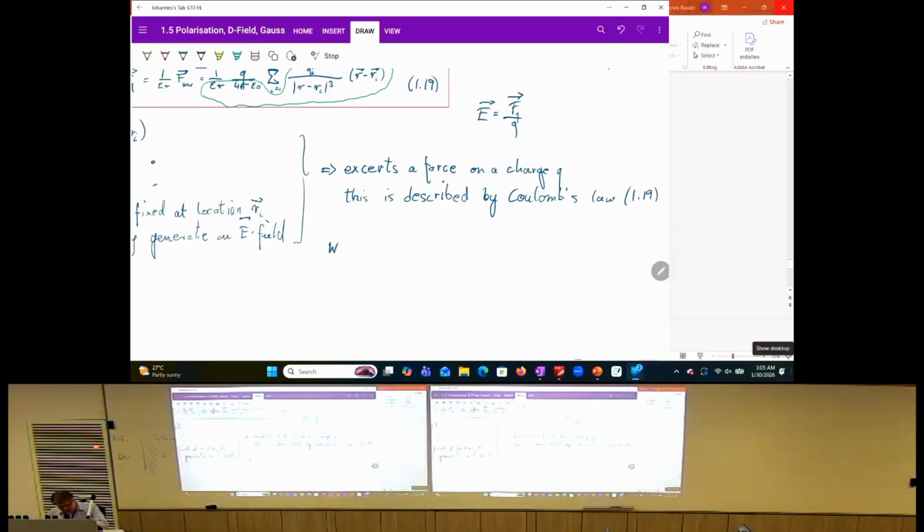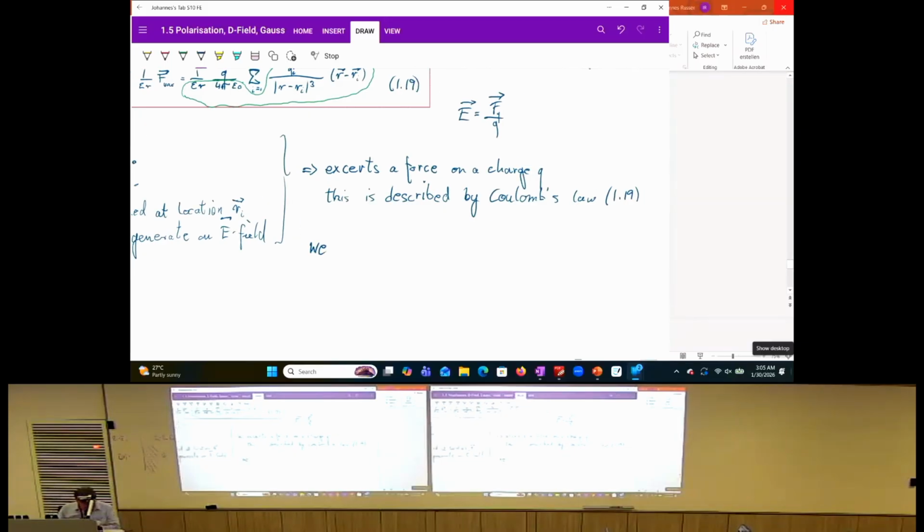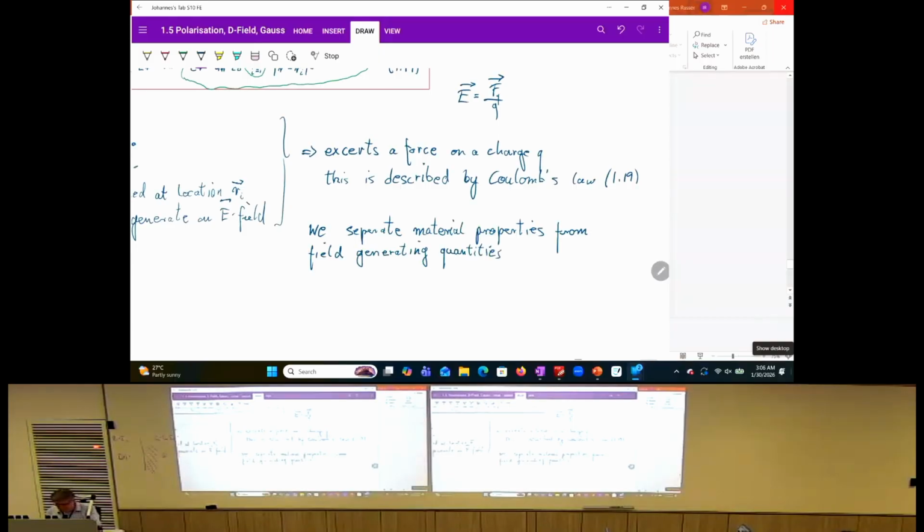And why are we doing this? I will show you, because we can get rid of this material dependence for some property that will turn out to be very useful. So we separate material properties from the field generating quantities, and we introduce this D field, where D stands for displacement, the electric displacement field.